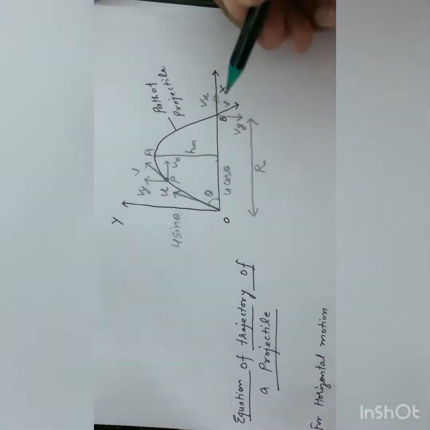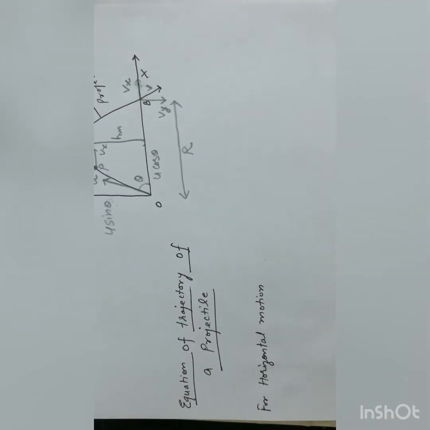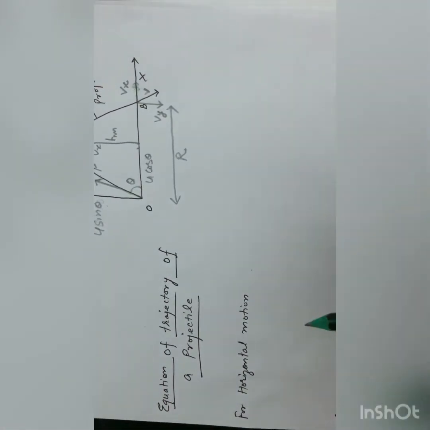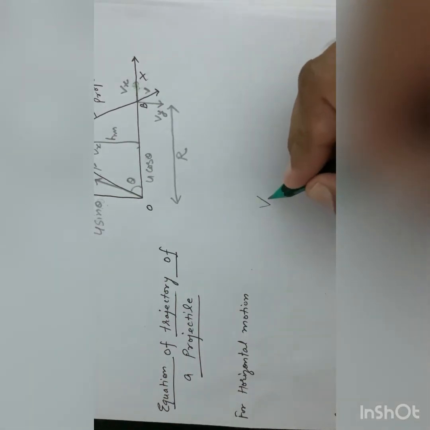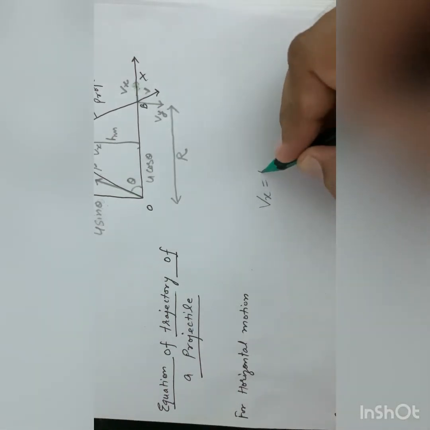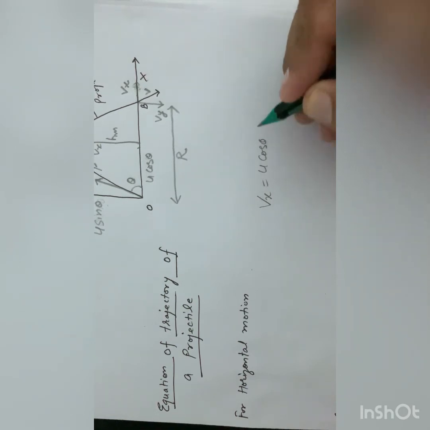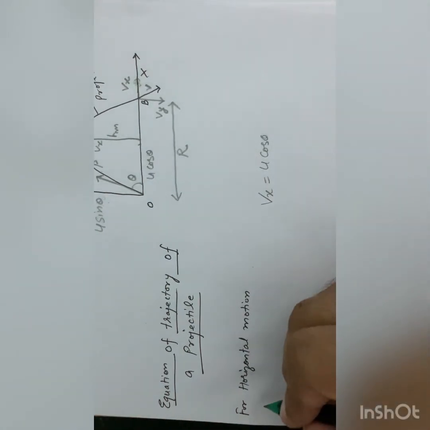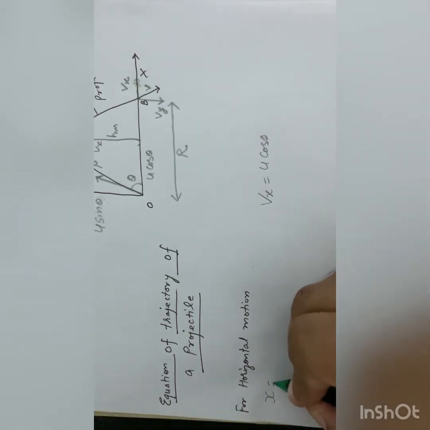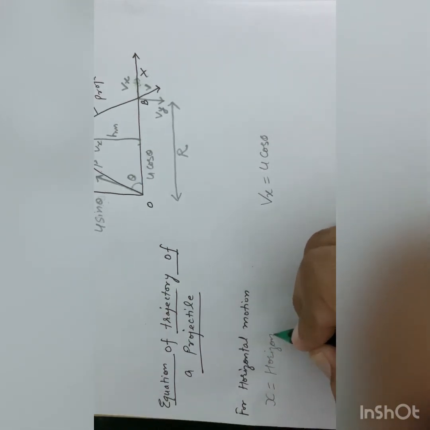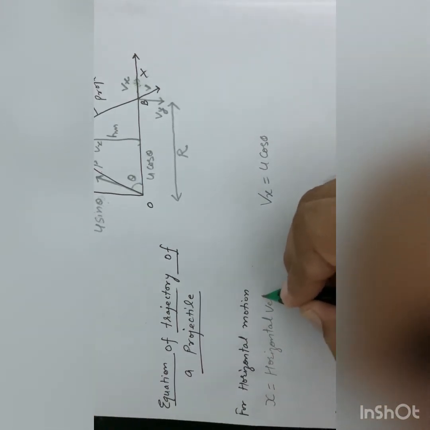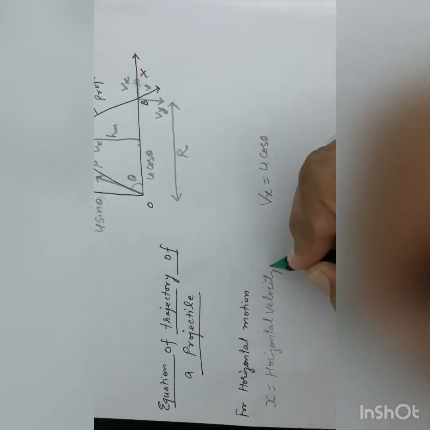the ground. For horizontal motion, we have Vx equal to u cos θ, and the horizontal distance covered, say x, is equal to horizontal velocity times time.